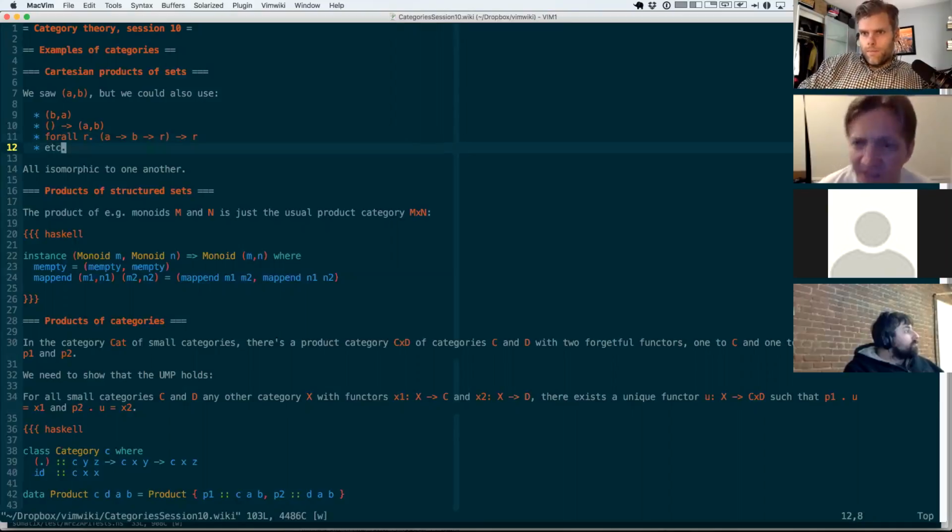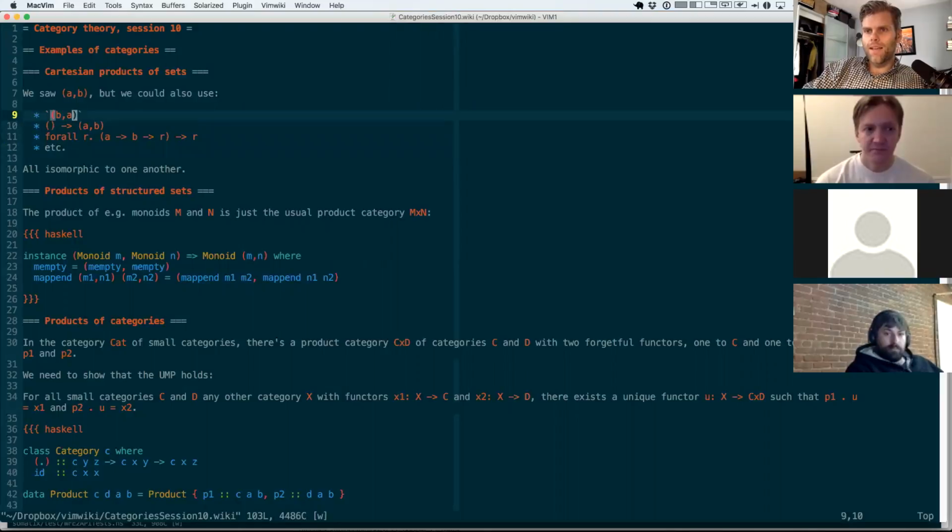Someone just posted one of those blog posts about algebraic data types, and that kind of matches up with the algebraic data type, the number of inhabitants of A comma B, right? Yes, that's right. So there are B times A inhabitants of this type, and of this type, and also of this one. And of that type, yeah.